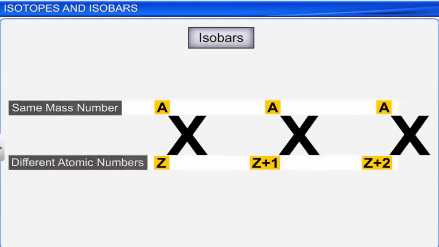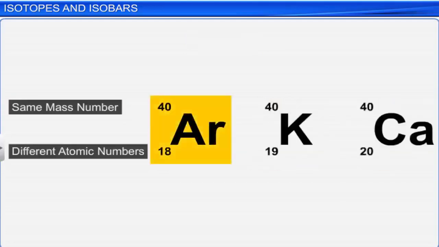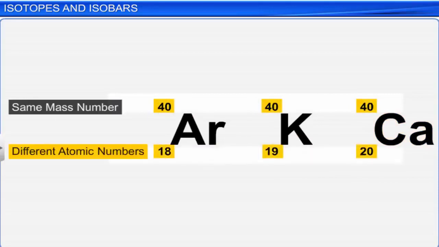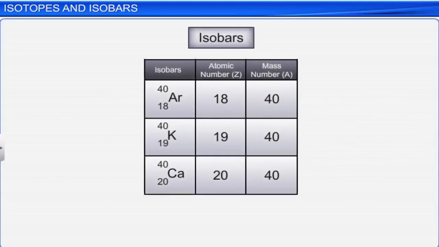For example, 18Ar40, 19K40 and 20Ca40 have same mass numbers but different atomic numbers. Such atoms of different elements having different atomic numbers but the same mass numbers are called isobars. Isobars have different chemical properties because they have different atomic numbers.